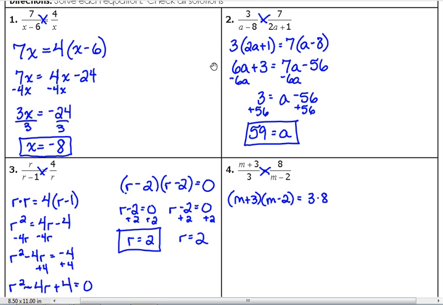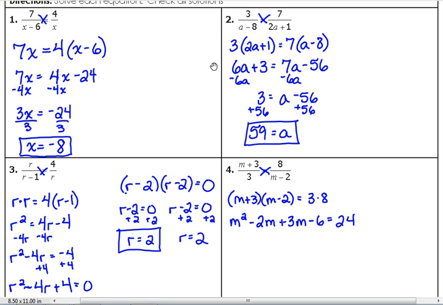We have to multiply out the m plus 3 and the m minus 2. So m times m is m squared. The outside gives us negative 2m. The inside gives us positive 3m. Positive 3 times negative 2 is negative 6. 3 times 8 is 24.